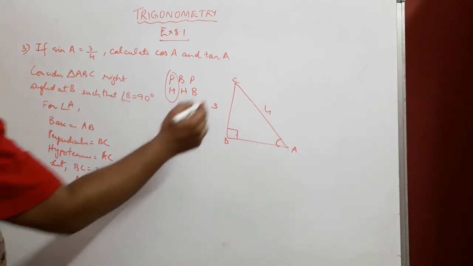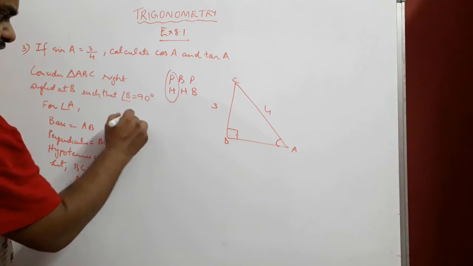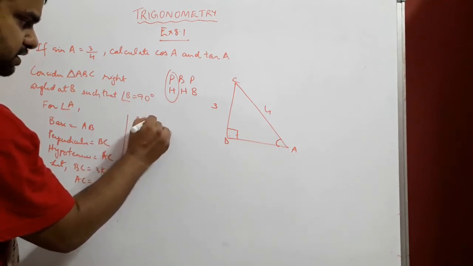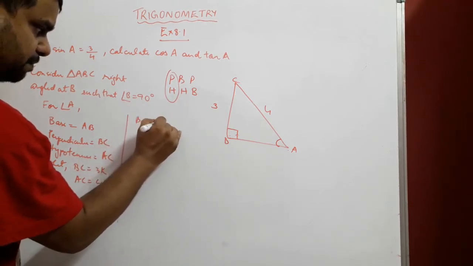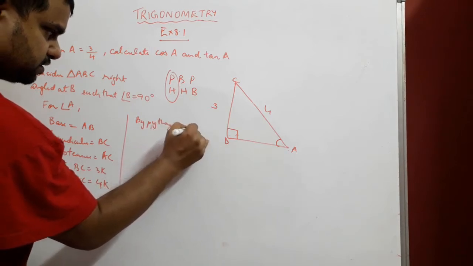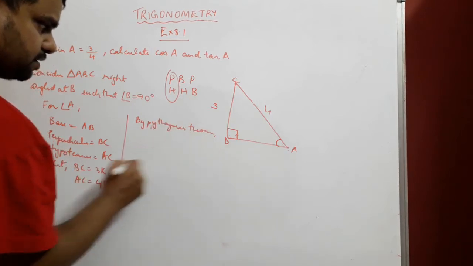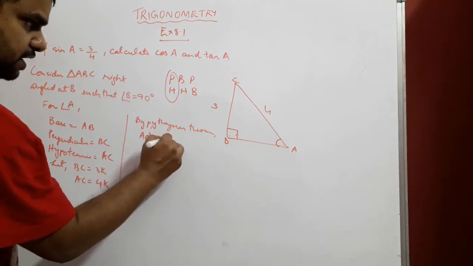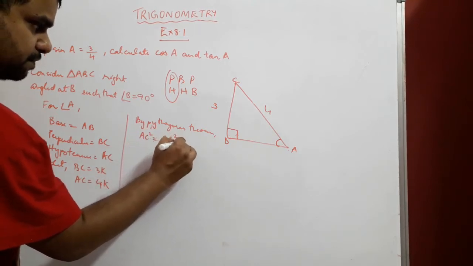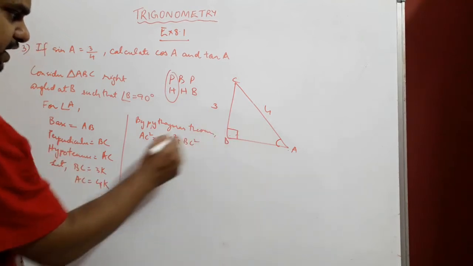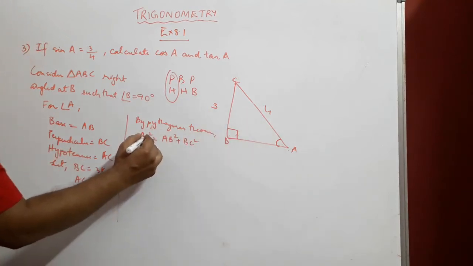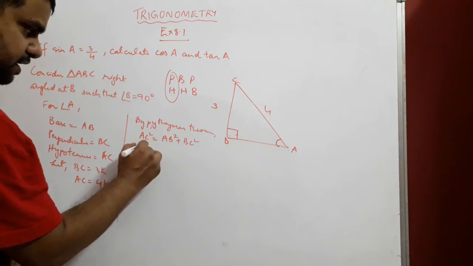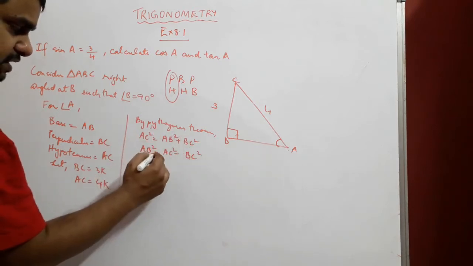Now we need to find AB, so by Pythagoras theorem we get AC square equal to AB square plus BC square. We need to find AB square, so I'll take BC square to the other side of the equal sign, and it will become negative. So AB square equals AC square minus BC square.